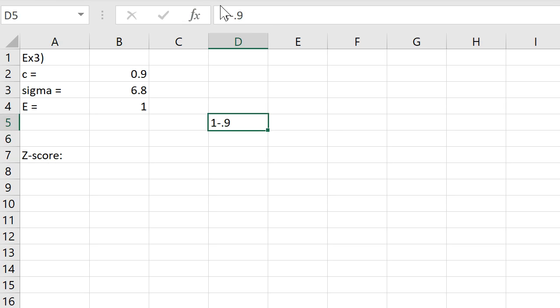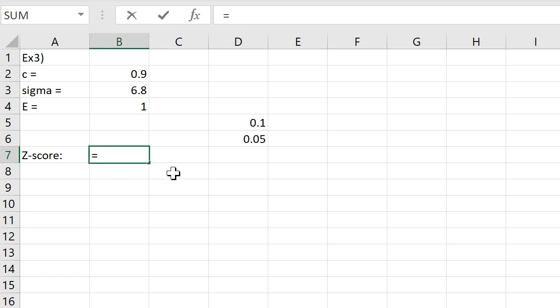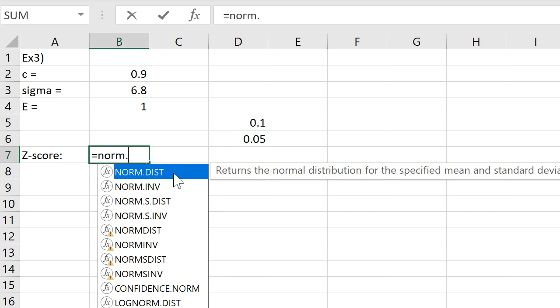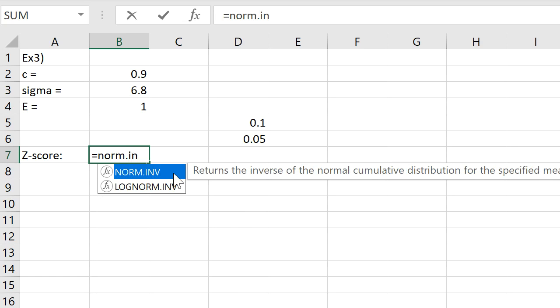Oops, it would help if I put equals in front of it. It's going to get us 0.1. But that gives us both tails of our normal curve. We only need the lower one, so we're going to divide that by 2. This is the area that's below the Z-score that we're looking for. So to find it, we're going to do equals NORM.INV, so inverse.